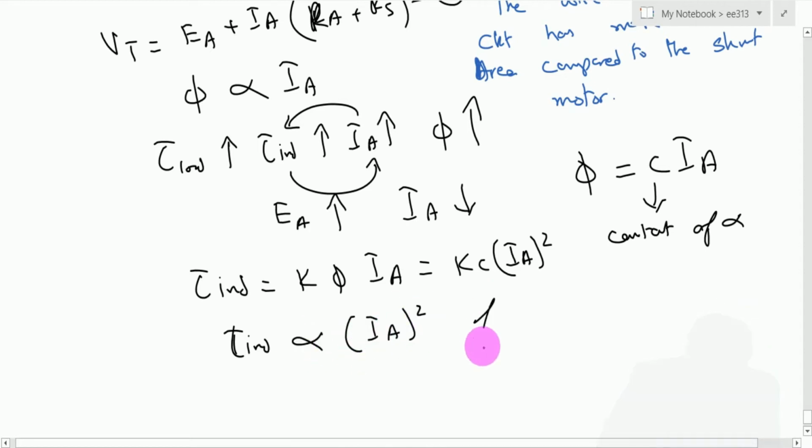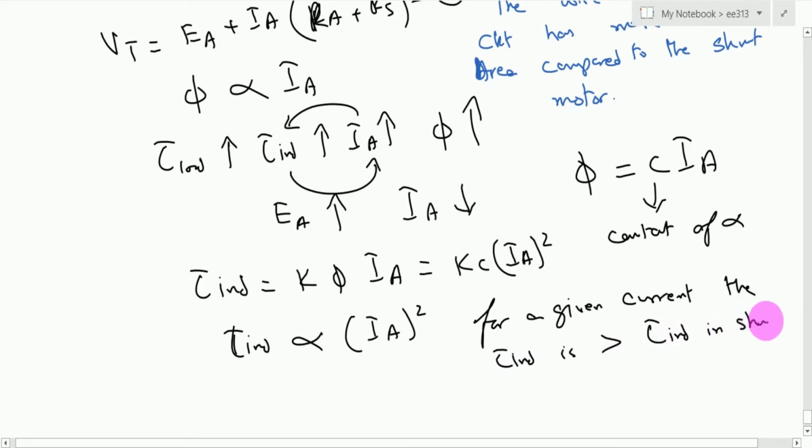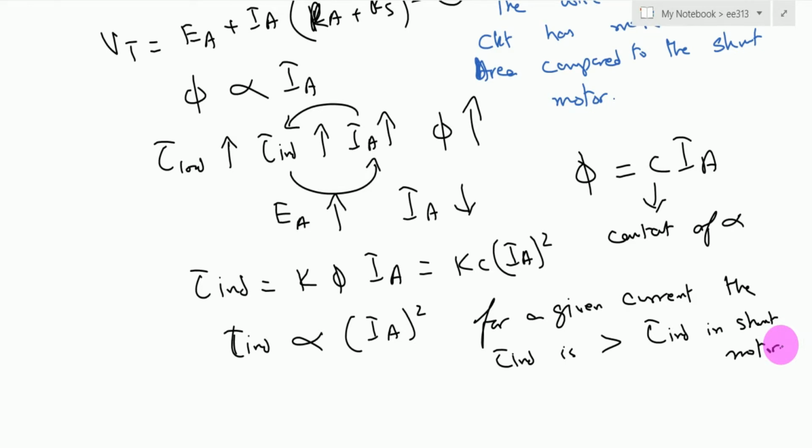Therefore, for a given current, the torque induced is more than in a shunt motor. So this is the first advantage, actually a big advantage, of the series motor compared to the shunt motor. We have a very high induced torque here.